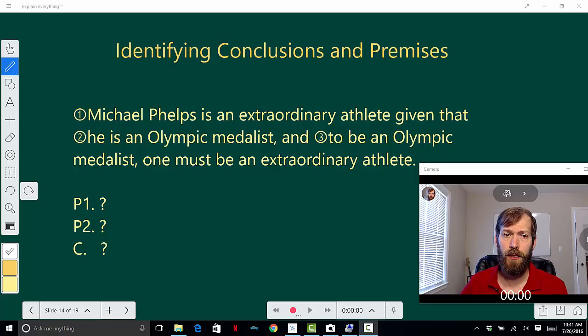It goes: 1, Michael Phelps is an extraordinary athlete, given that 2, he is an Olympic medalist, and 3, to be an Olympic medalist, one must be an extraordinary athlete. So I want to give you some time to pause the video and determine which of these you think are the premises and which you think is the conclusion. And hopefully in doing that, you're going to be looking to see if you can find a premise indicator or a conclusion indicator.